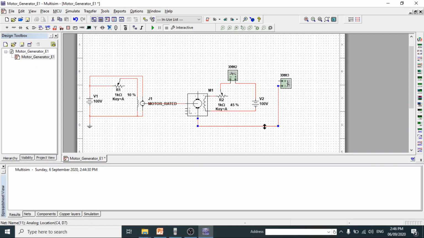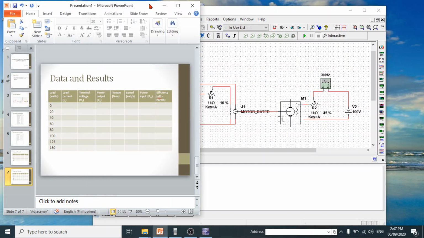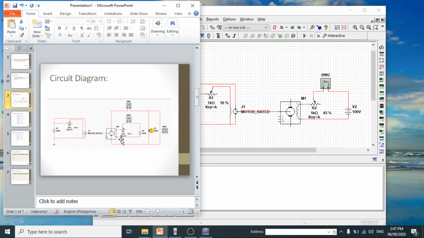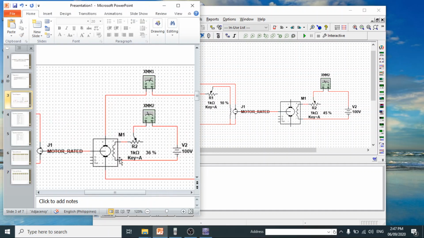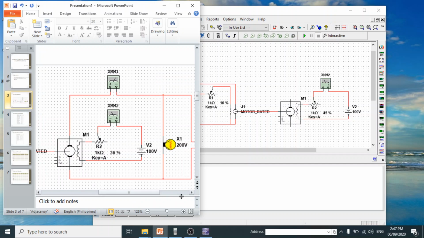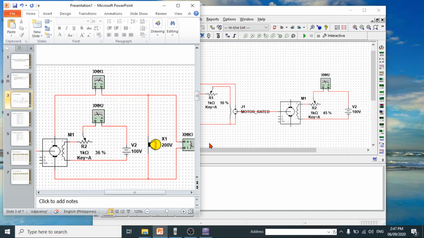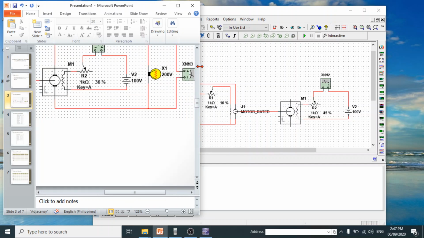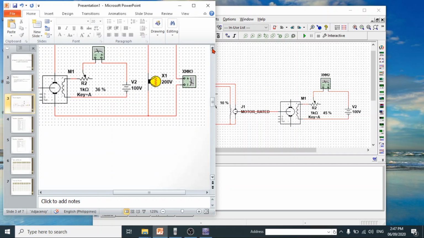We'll delete first the lines of the generator, and then we insert the virtual lamp as given. This is actually the circuit diagram that we need to construct in Multisim.